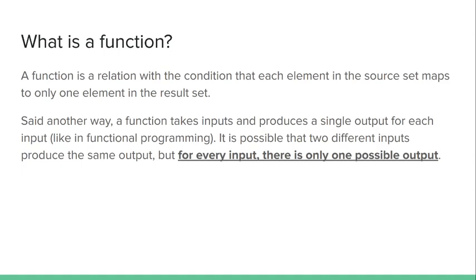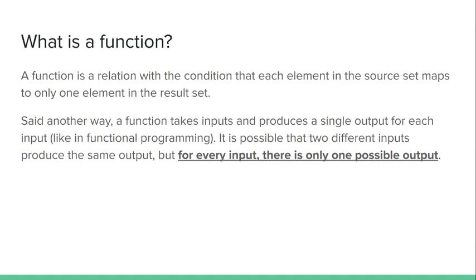And this is where the term functional programming comes from. In functional programming, we define functions or procedures, and for any particular input, we're guaranteed that that function will always produce the same output. We'll only ever get one output for any given input.